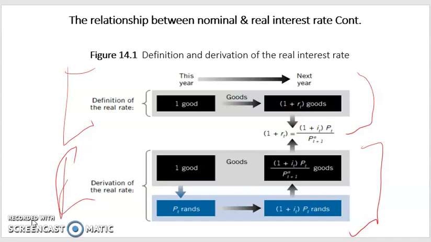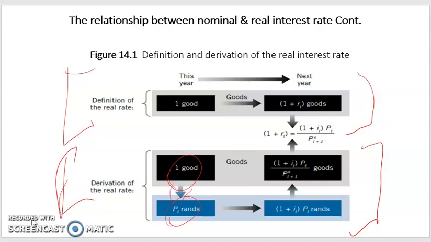If we start from this point here, where we've got 1 good and the arrow pointing down, it suggests that you want to eat 1 more loaf of bread this year. If the price of a loaf of bread is P_t rand, as shown, to eat 1 loaf of bread you must borrow that P_t rand.